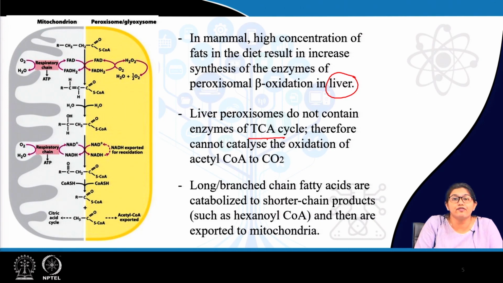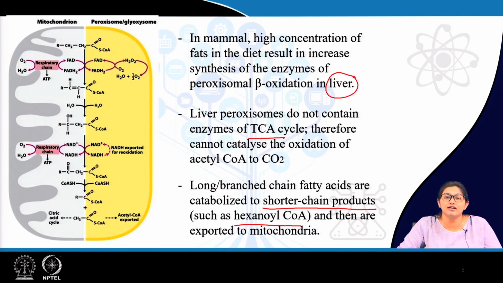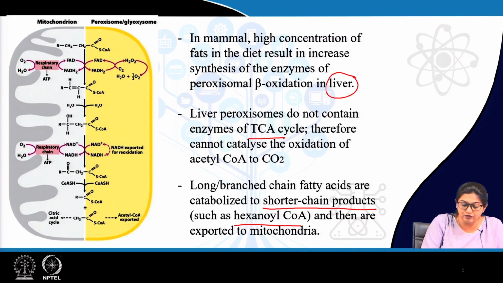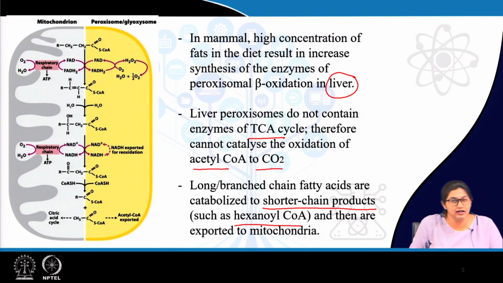What will be the fate of those broken down fatty acids? Basically in the liver they form shorter chain fatty acid products like hexanoyl coenzyme A, and those shorter chain fatty acids come out of the peroxisome and enter the mitochondria to follow complete degradation through beta oxidation to form acetyl coenzyme A and carbon dioxide.